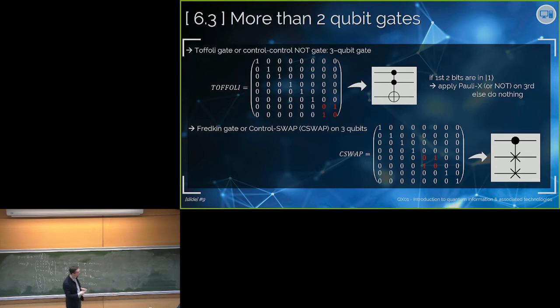You can see the Toffoli gate is sometimes called a controlled-controlled-not gate, okay? Because what it does is you have a control and a second control, and then you have the target. You can see that the Toffoli gate is mostly the identity matrix. So the first cases do nothing, except if both of the controls are in a particular state, then you flip the third qubit.